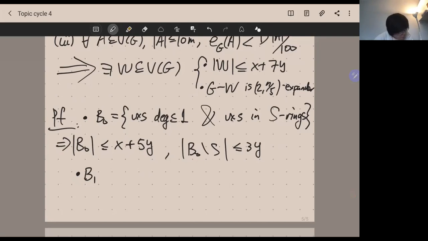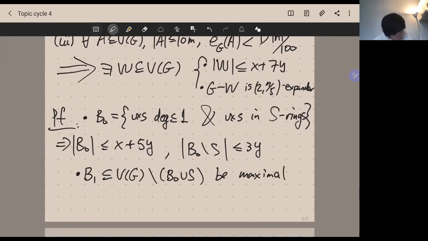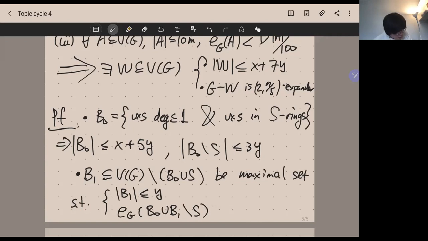B1 is a subset, not a small set of vertices, not B0 that we removed, a maximal set such that B1 is at most y, the number of S rings, and the edges induced on B0 union B1 minus S is large.